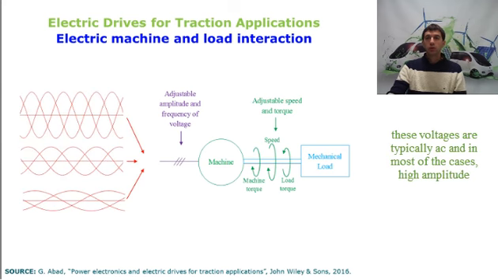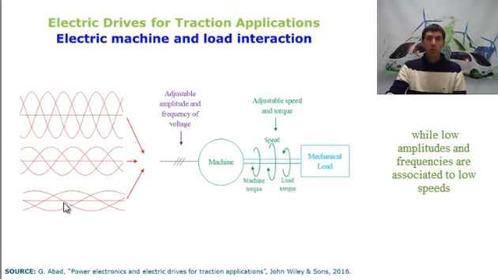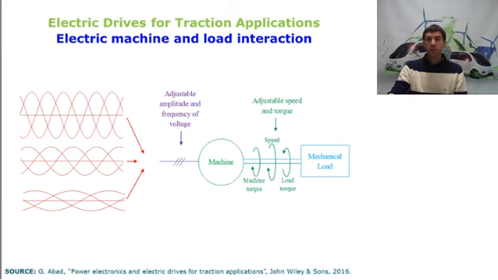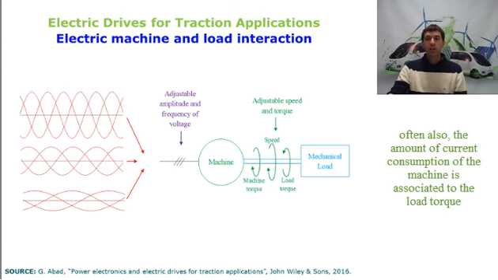These voltages are typically AC, and in most cases, high amplitude and frequency are associated to high rotational speeds, while low amplitudes and frequencies are associated to low speeds. Often also the amount of current consumption of the machine is associated to the load torque.